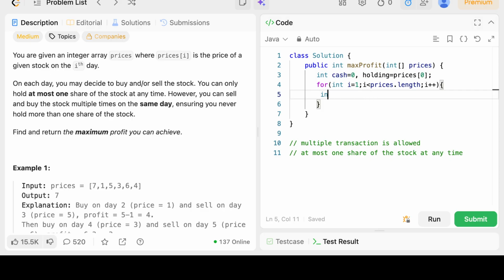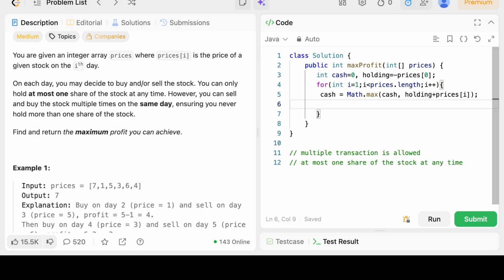First I need to update the cash, which is Math.max of whatever cash we had yesterday, which we have not updated so far, and whatever holding we had yesterday, which is negative because we are buying at price. If we sell it, whatever holding we have, we make a profit of the current day price.